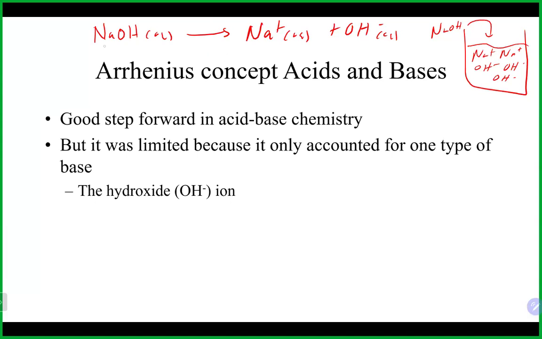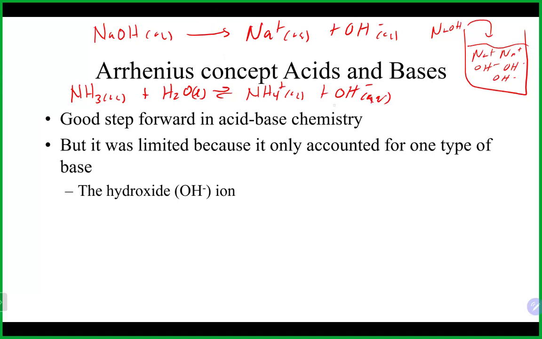Now, you could have a base like ammonia that maybe you played with today, which is actually a base. Ammonia will react with water and it will produce NH4 plus and OH minus, or ammonium hydroxide.